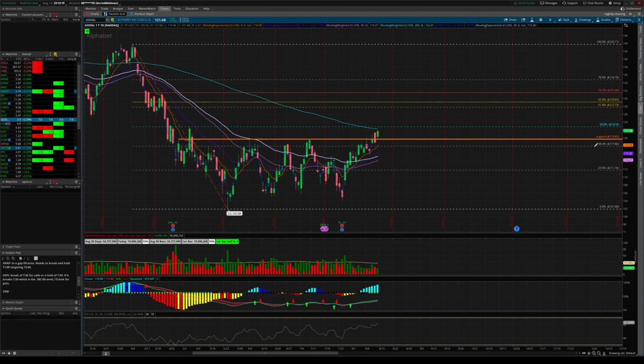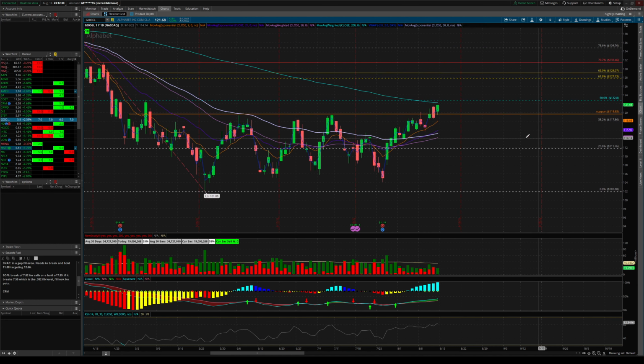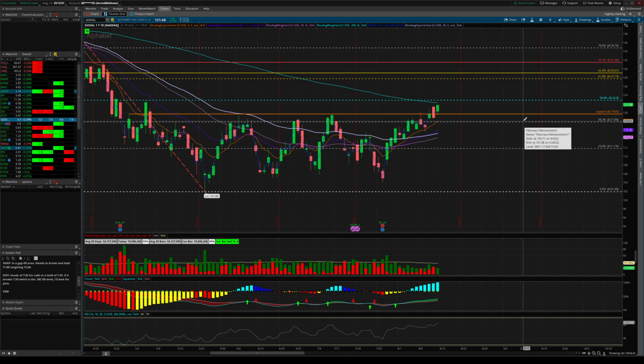I want to make sure that the 119.65 level that was resistance, that's now support, or 117.86 holds, which coincides with the daily 200. The TTM shows that it released, but this volume has been decreasing, so I'm not too big of a fan of that, but I want to see if this 117.86 holds.